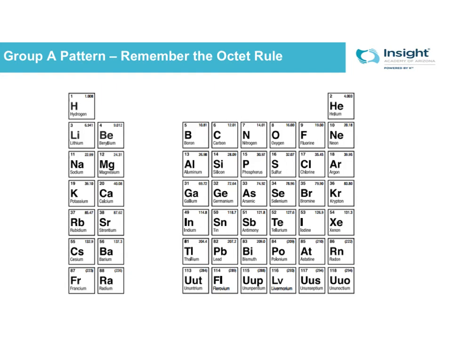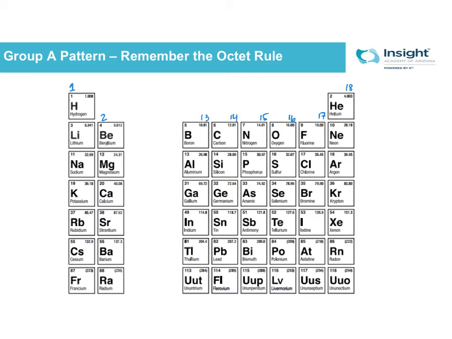So something that you want to learn is that there were two different ways to name the groups on our periodic table. So we had 1, 2, and this was 18, 17, 16, 15, 14, 13.